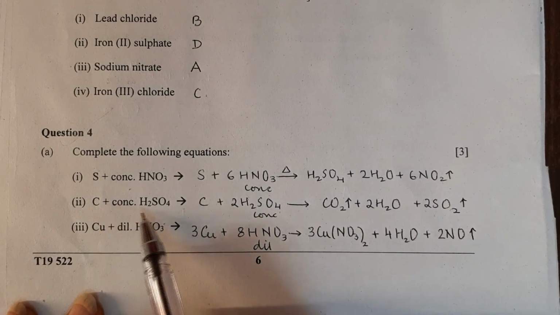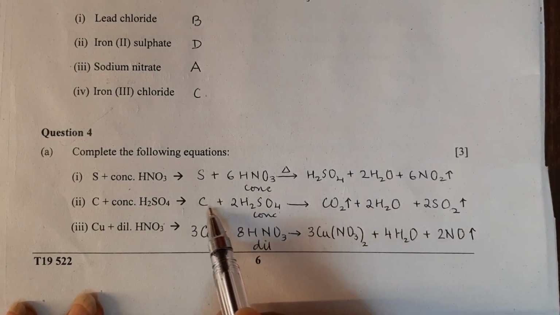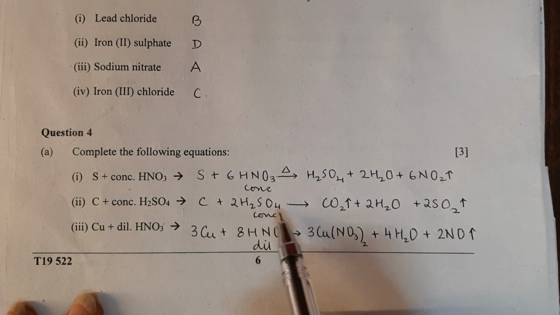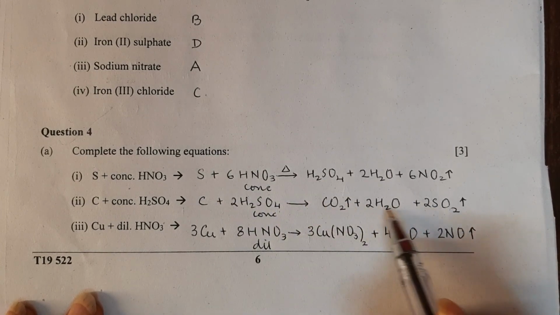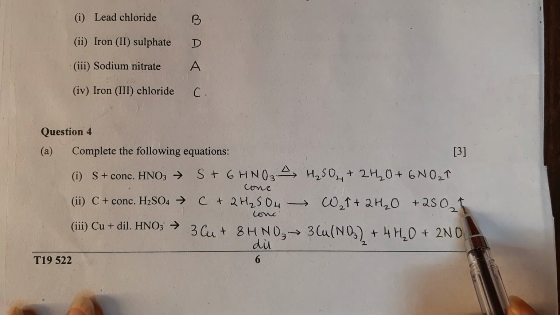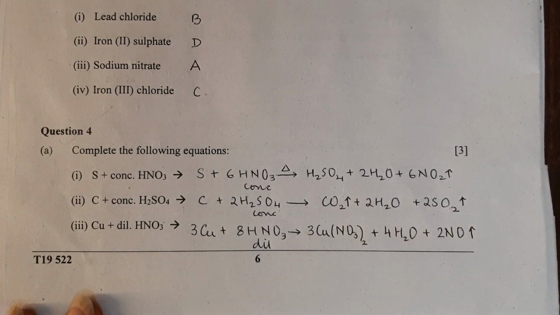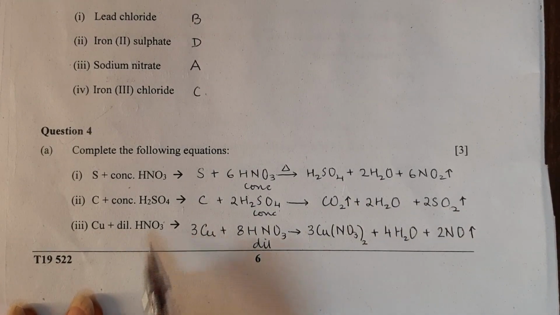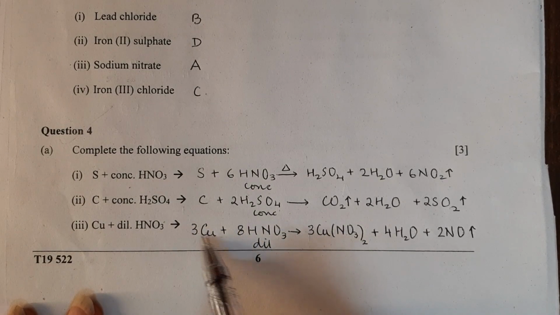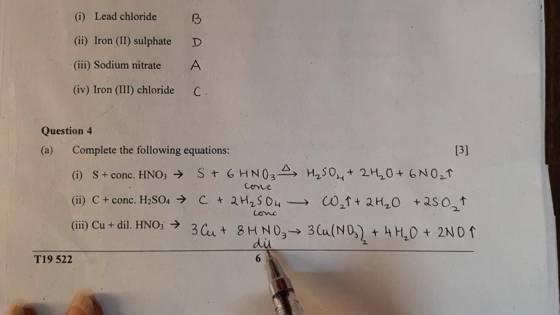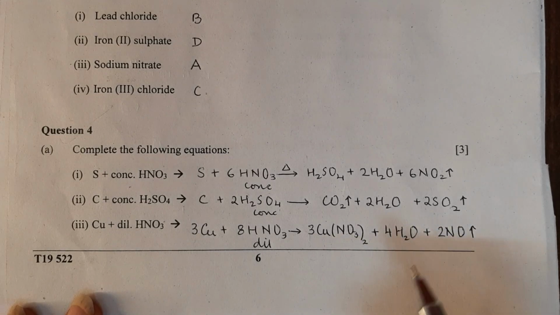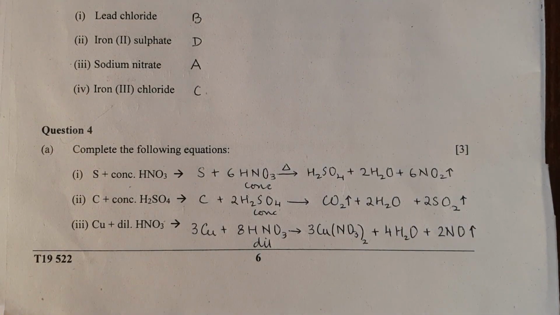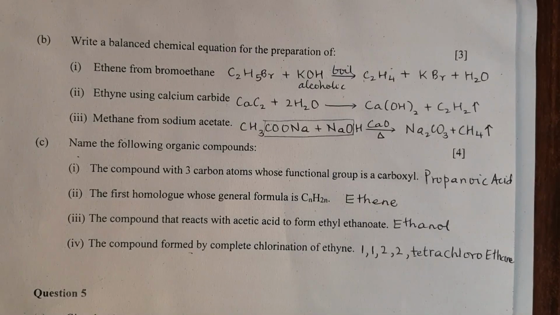Then C + conc H2SO4: C + 2H2SO4 conc gives CO2 + 2H2O + 2SO2, which is a gas. This is also a gas. And copper with dilute HNO3, we'll write 3Cu + 8HNO3 dilute will give us 3Cu(NO3)2 + 4H2O + 2NO, which is a gas.